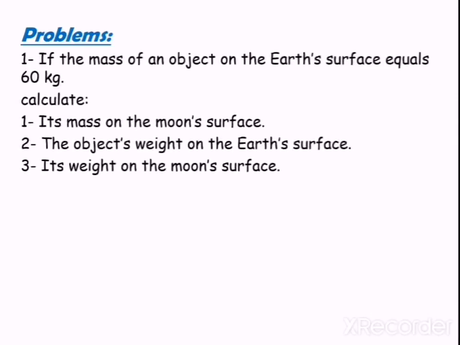Let's solve these problems. Number 1. If the mass of an object on the Earth's surface equals 60 kilograms, calculate its mass on the moon's surface, calculate the object's weight on the Earth's surface, and calculate its weight on the moon's surface. What is the mass on the moon?